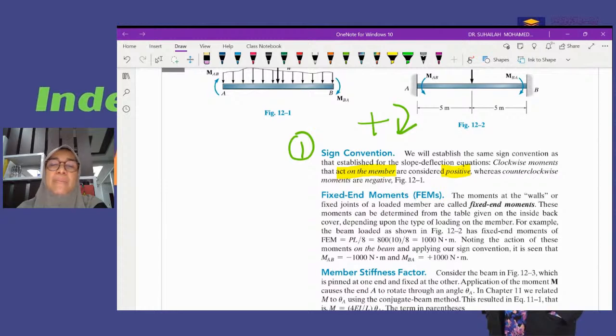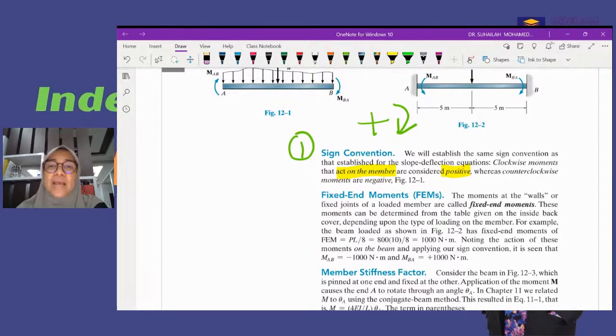It is called member end moment. So we have to assume both ends as fixed. So we use fixed end moment in the previous chapter, and also in this chapter.